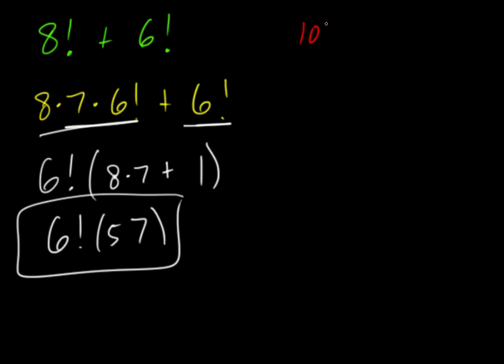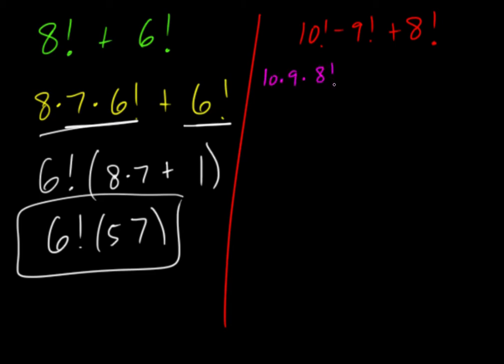Alright, now we have 10 factorial minus 9 factorial plus 8 factorial. So we want to write everything down to the lowest factorial. So we're going to say 10 times 9 times 8 factorial minus 9 times 8 factorial plus 8 factorial.